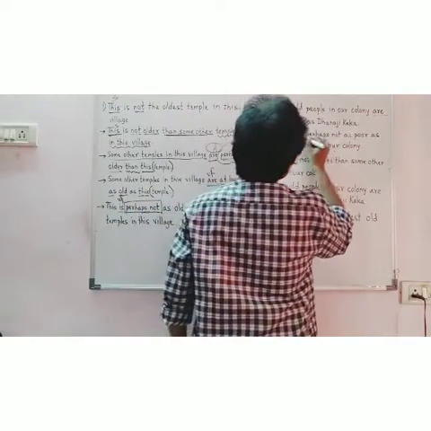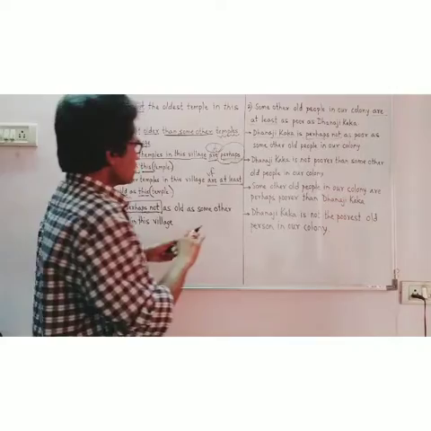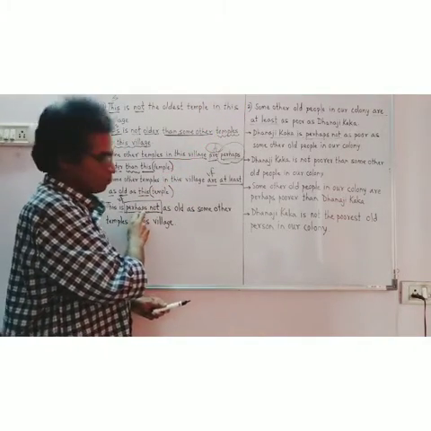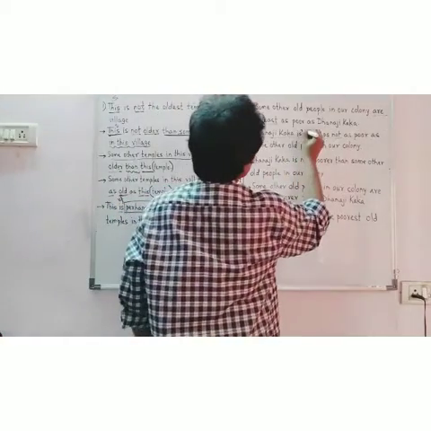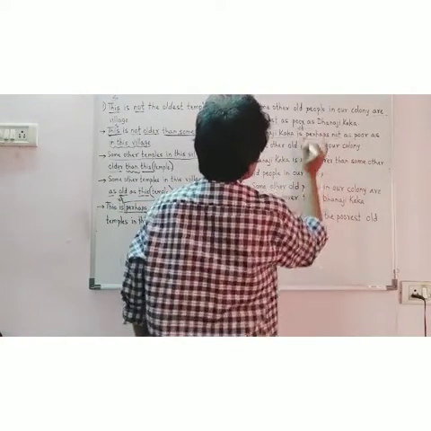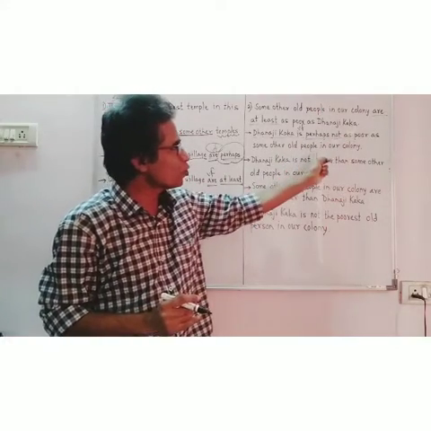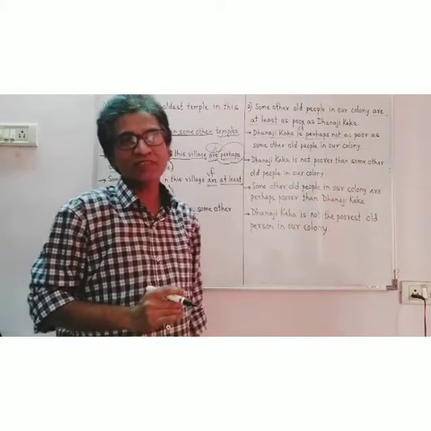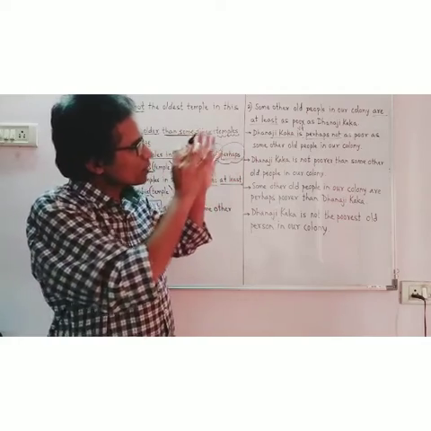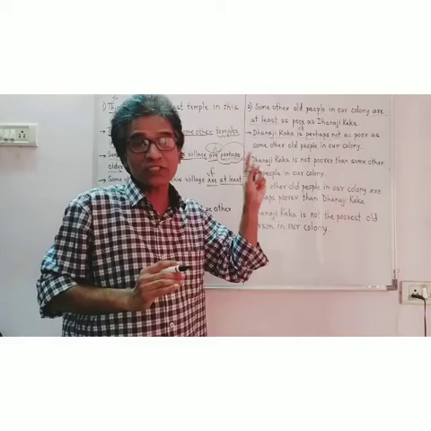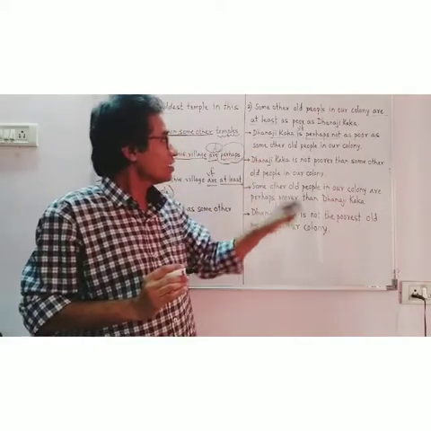And as you know, perhaps not comes after the verb form. Dhanaji Kaka is perhaps not as poor as some other old people in our colony. So from the focal point words, you can remember the structures very well.